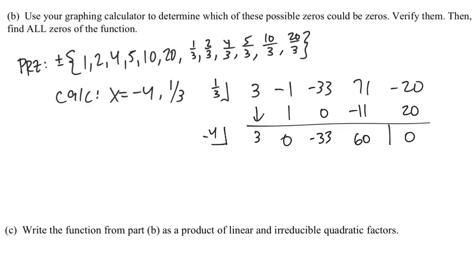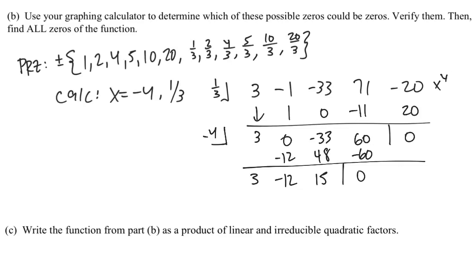Now I'm ready to synthetic divide again by the other 0, and so drop down the 3, multiply by -4, that gives me -12, add to 0, -12 times -4 is 48, plus -33 is 15, and 15 times -4 is -60, and that gives me the correct remainder there.